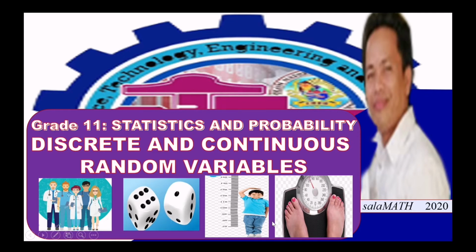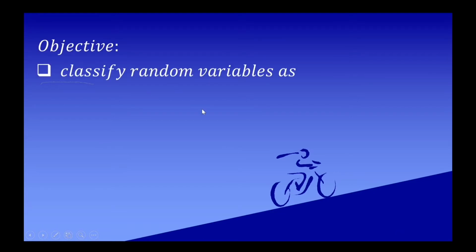These are examples of variables, and we will classify them according to the types of random variable. We have here the objective: classify random variable as discrete or continuous. And so let's define first the random variable.